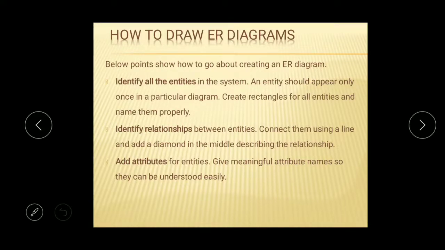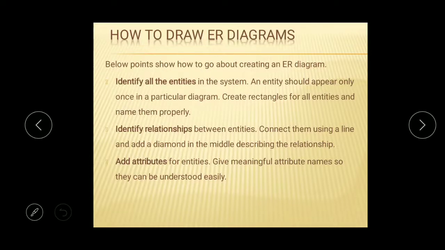Create rectangles for all entities and name them properly. Then identify relationships between entities. Connect them using a line and add a diamond in the middle describing the relationship. Number 3, add attributes for the entities.